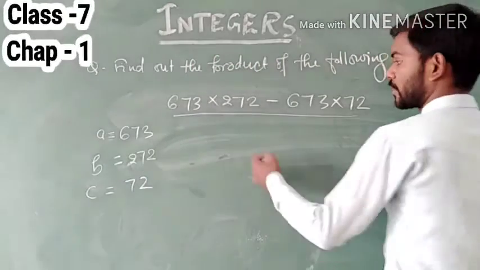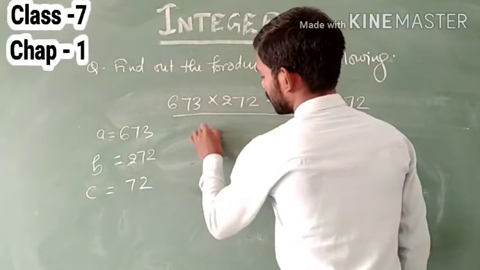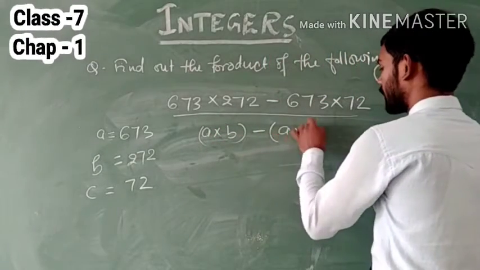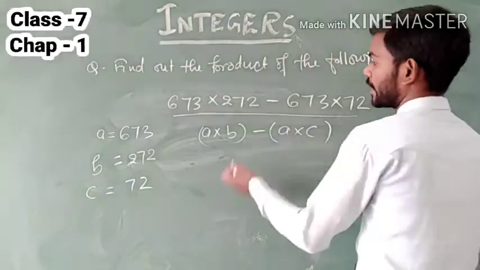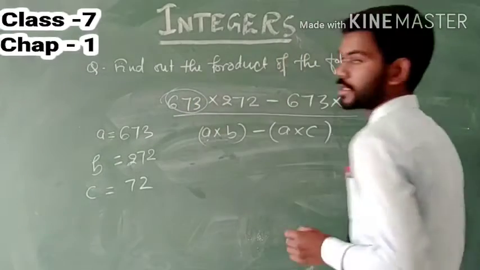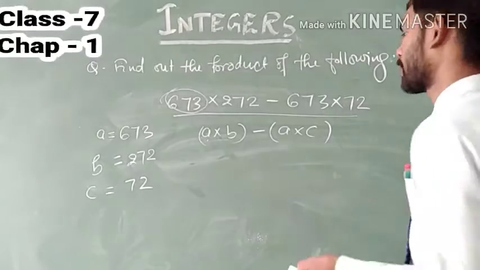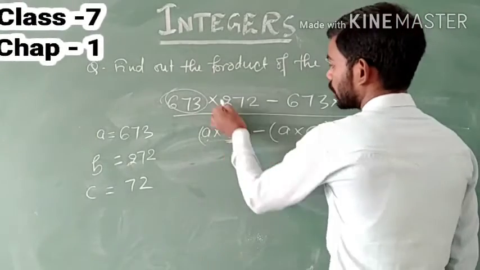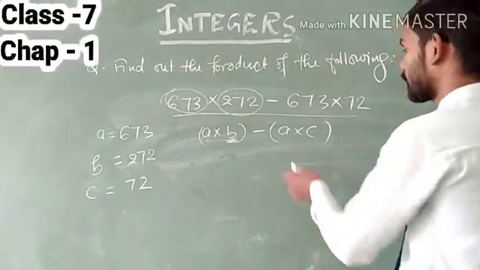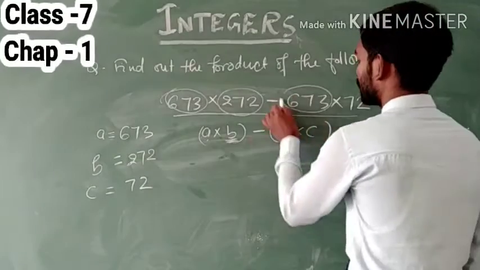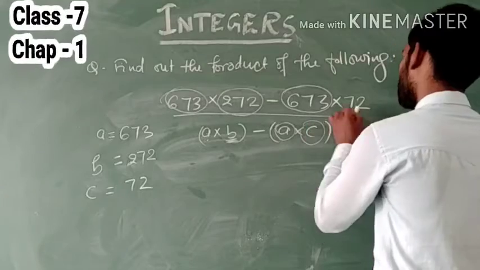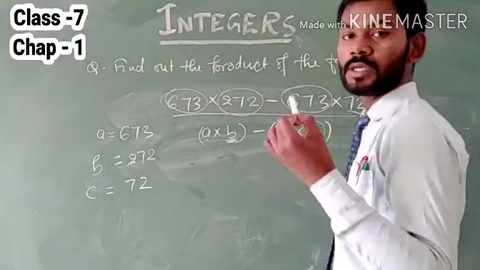Okay, when we compare this expression with a multiplied by b minus a multiplied by c, we can see that in place of a, 673 is given, in place of b, 272 is given, again in the place of a, 673 is given, and at the place of c, 72 is given.